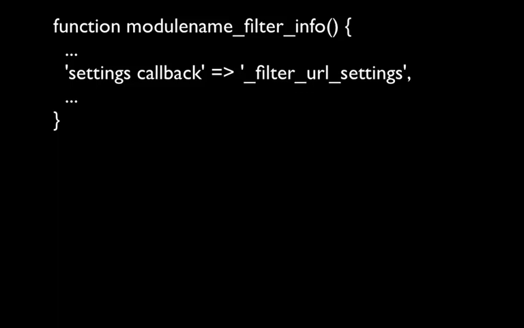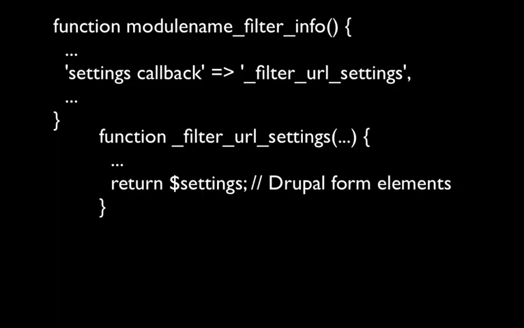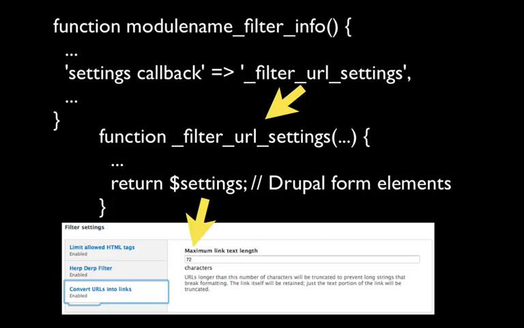So in hook filter info, there's a settings callback setting. And that settings callback, the value of that is the name of the function that should be called. That's going to return the settings for the filter. So where you're going to see that is right here.